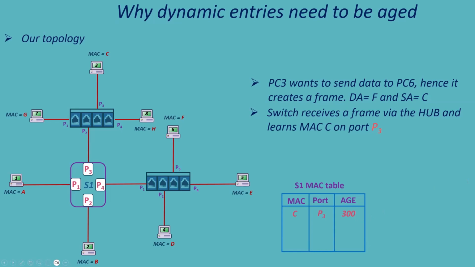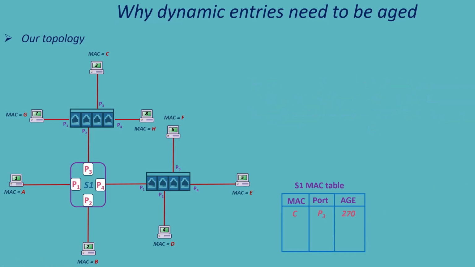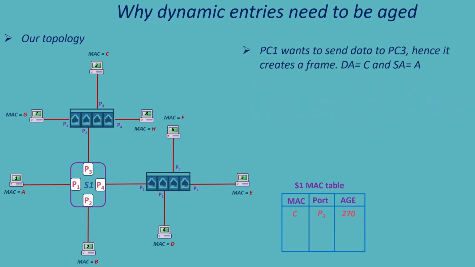Good. Next, we'll say PC1 wants to send data to PC3. It will create a frame and send it out. Switch S1 receives it.